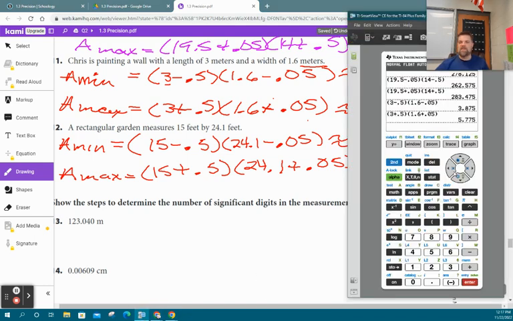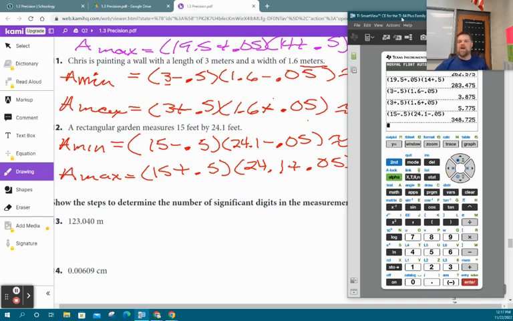I'm going to say 15 minus 0.5, close parentheses, open parentheses, 24.1 minus 0.05, close parentheses. Oops, did you see what I did? Accidentally hit 2.